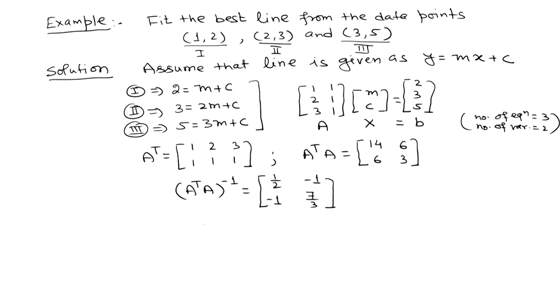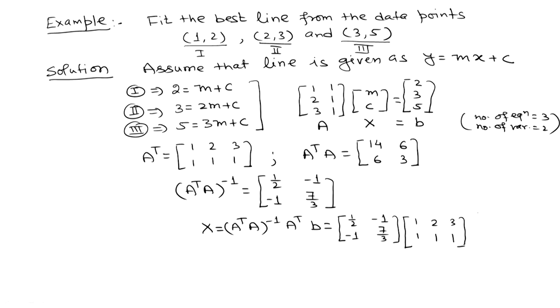Now, the least square solution of this system can be given as x equals to (A transpose A) inverse into A transpose into B. So, (A transpose A) inverse is [1/2 -1; -1 7/3] into A transpose, which is [1 2 3; 1 1 1], into B. So, here B is [2 3 5].